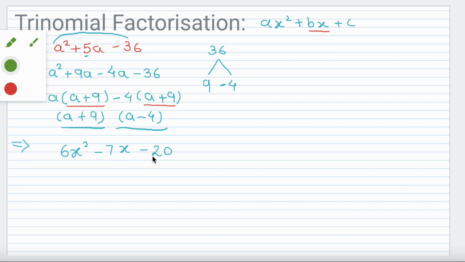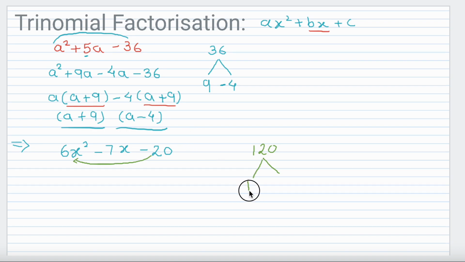First thing we have to do is multiply these two, right? So you will get 20 into 6, so you will get 120. So we have to break 120 such that their multiplication must be 120 but their addition or subtraction must be 7, the middle term. Minus 7 we want.